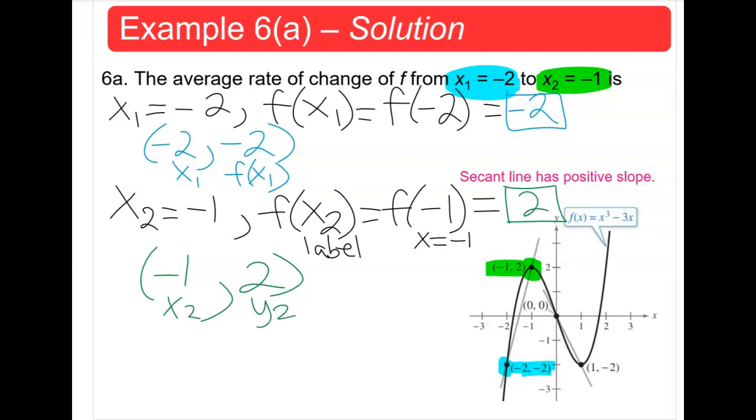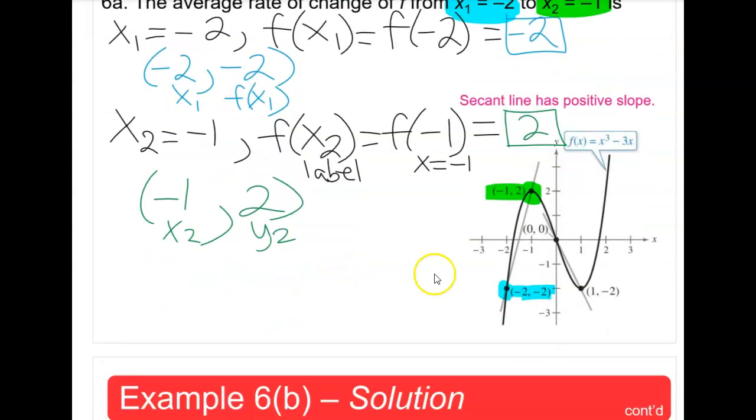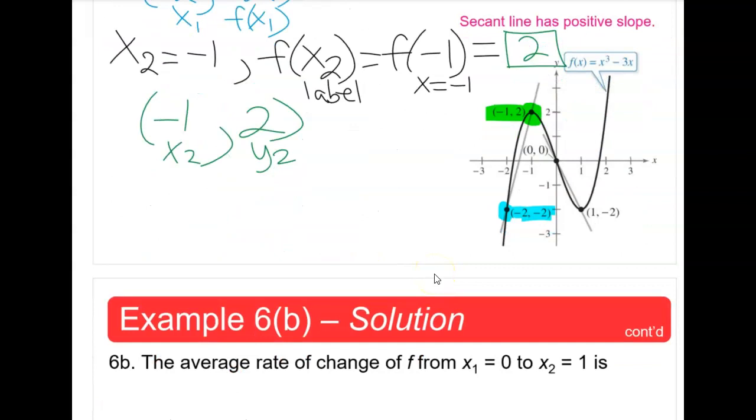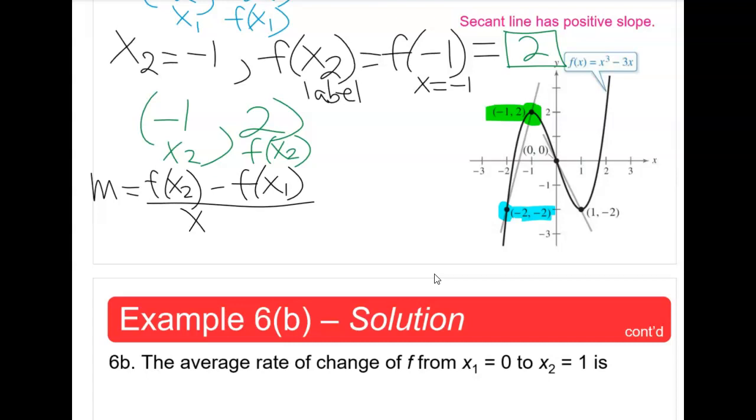So now we're going to find the slope by using that formula: f of x sub 2 minus f of x sub 1 divided by x sub 2 minus x sub 1.